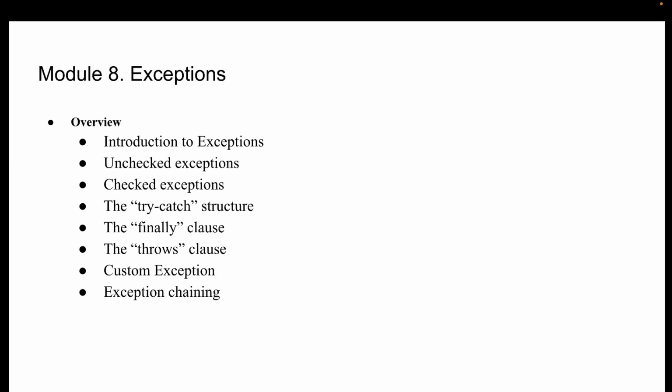So there can be several types of situations. We'll go through what the situations are that can come when an exception in a Java program can occur. So basically in this module, we'll talk about the introduction to exceptions. What are the types of exceptions, that is, unchecked exceptions and checked exceptions. Then we'll see what mechanisms Java provides to handle those situations.